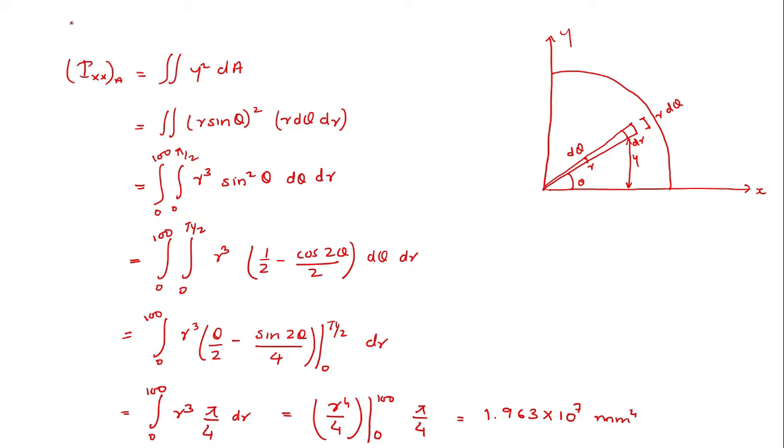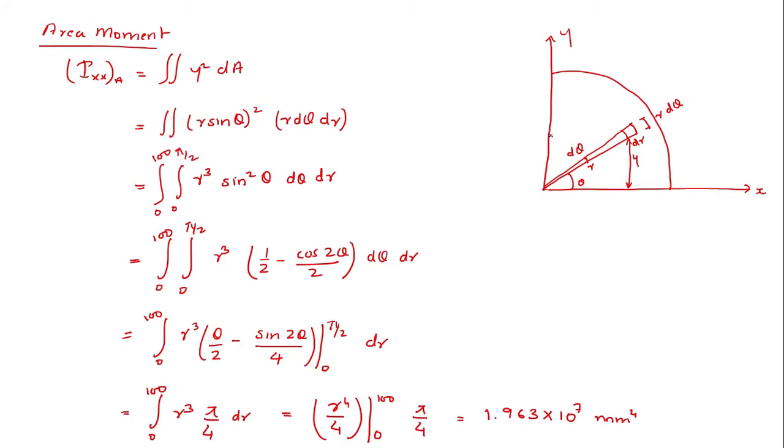So here I have found the area moment of inertia. Remember one thing, this is the area moment, not the mass moment of inertia. So I am calculating the area moment of inertia, Ixx with respect to A. Next, I will find out Ixy.